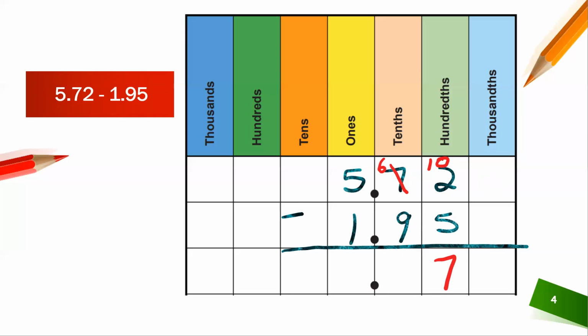Okay, let's repeat the process. I know now that 6 right here that I have is not enough to take 9 away from. So I'm going to regroup this 5 whole units into 4 and 1 whole unit. That 1 whole unit is 10/10. So take 9 away from 10/10.